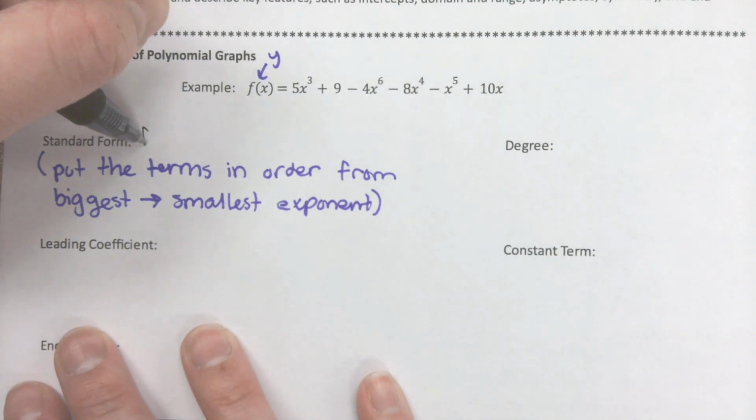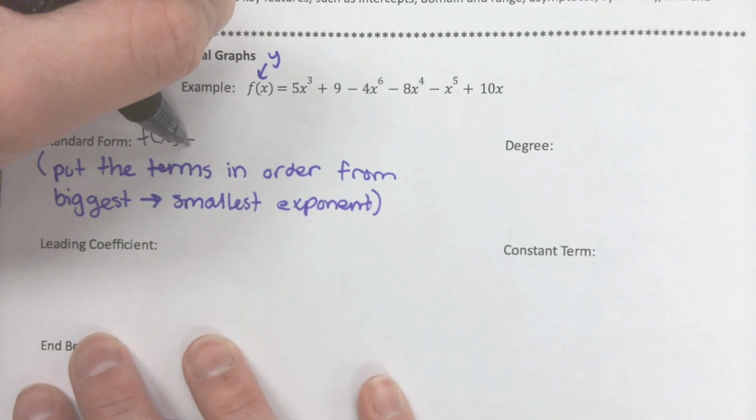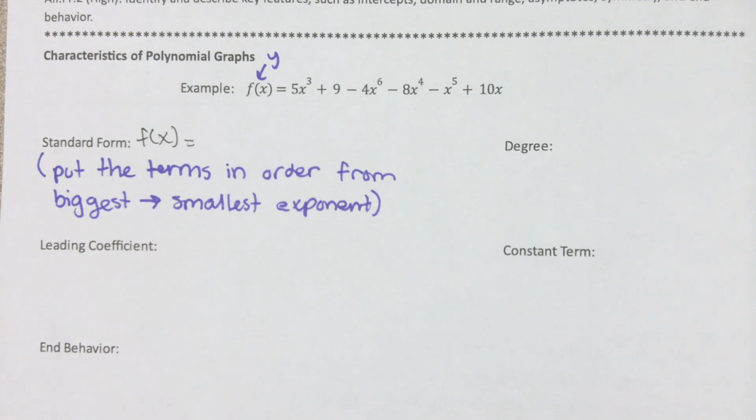Don't forget to start with that f of x or that y equals that's given. We need to identify the highest term so we can figure out our order from there.